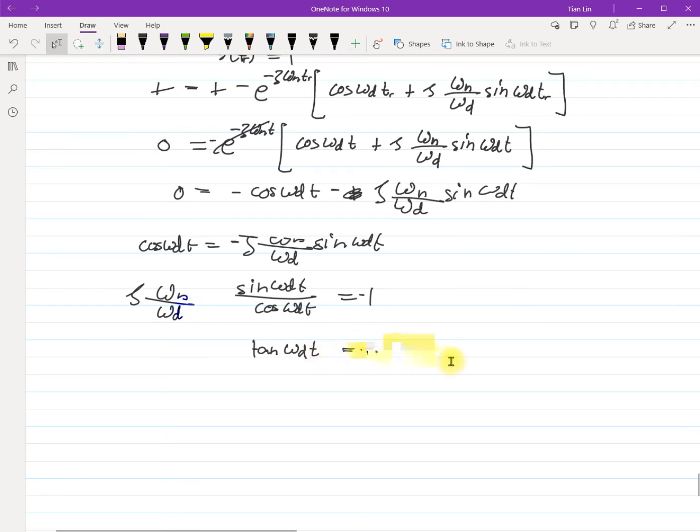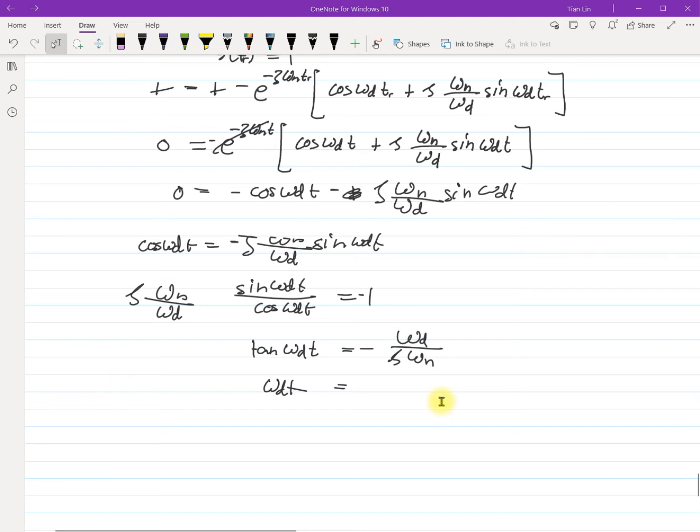Negative, then cross multiply, this will be omega d all over zeta omega n. Then taking the tangent inverse, so to solve for omega d t, remember the tangent is an odd function.